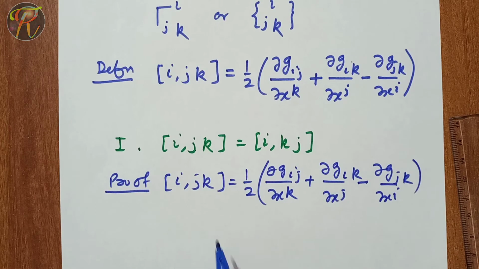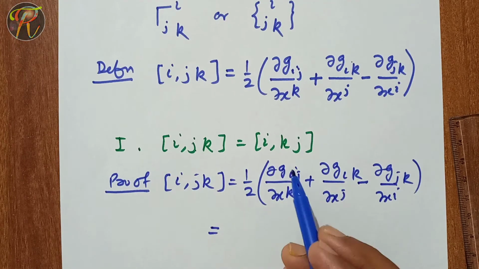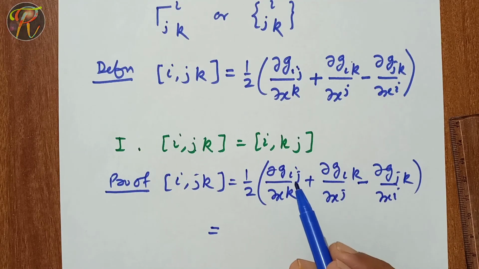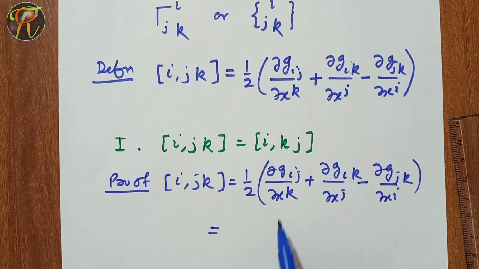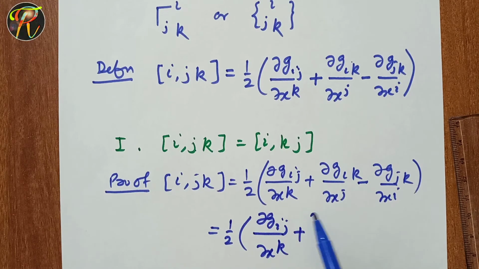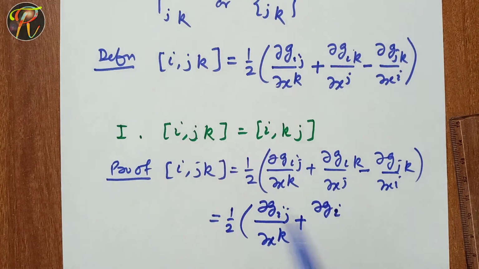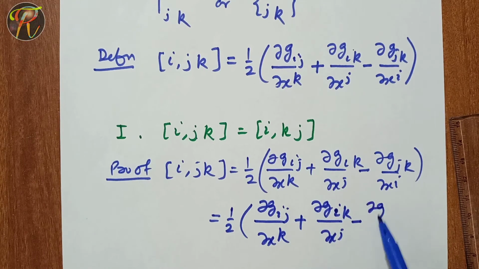This is equal to the following, because g_ij is the metric tensor and the metric tensor is symmetric, symmetric means g_ij is equal to g_ji. So this equals 1/2 (del g_ij/del x^k plus del g_ik/del x^j minus del g_kj/del x^i).